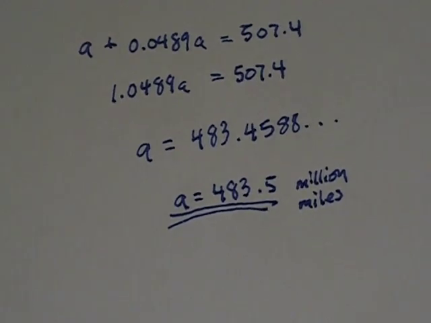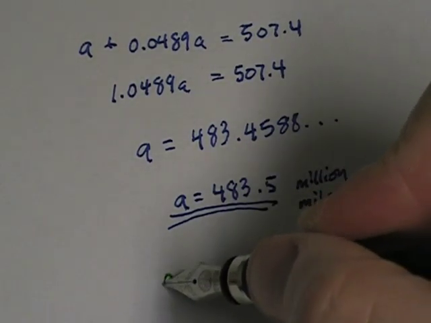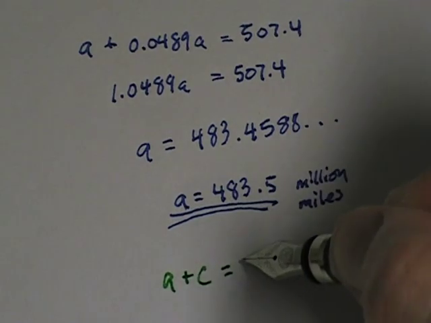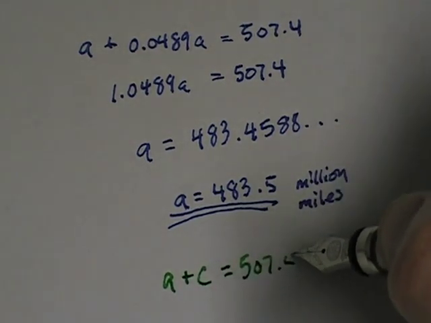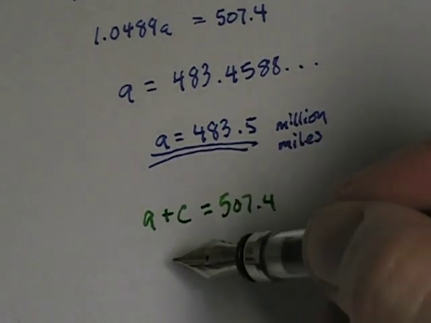Okay? Maximum distance. So now, with that information, I want to find C. So we know that A plus C is 507.4. Okay? So rearrange this.